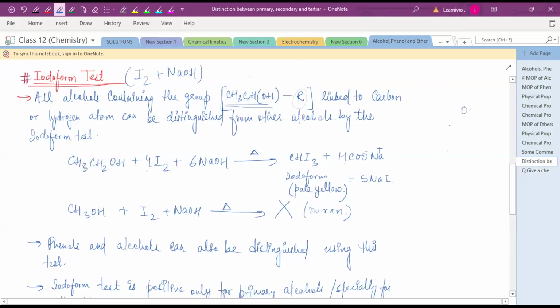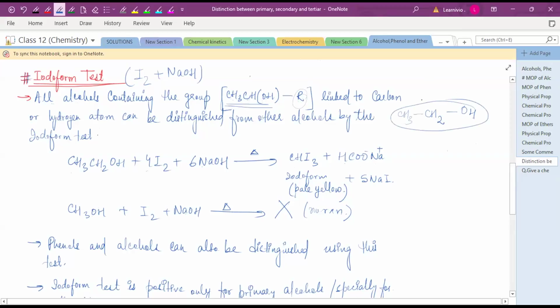So what I said, the OH group should get attached to CH, meaning at least one hydrogen should be there, but if it has two hydrogens, it's okay. At least one hydrogen should be there. So OH is attached to this CH2 group, and this CH2 group should be attached to one CH3 group, right?